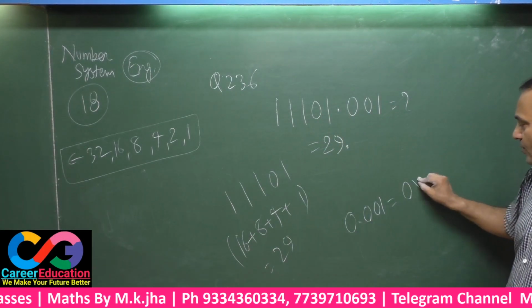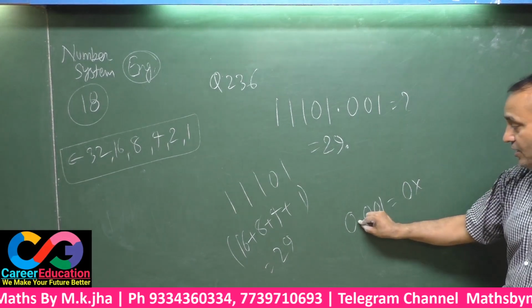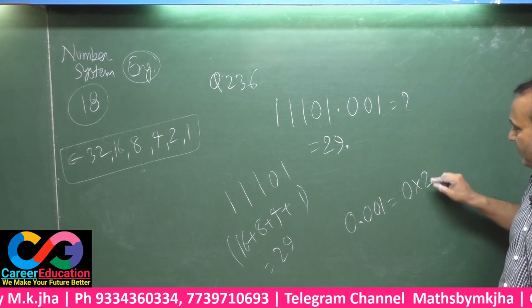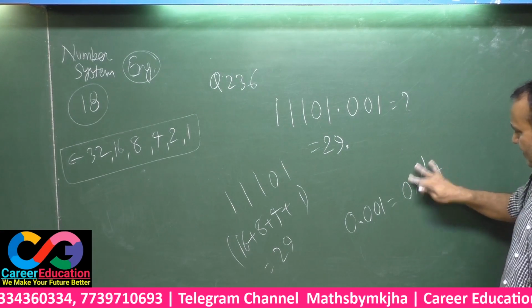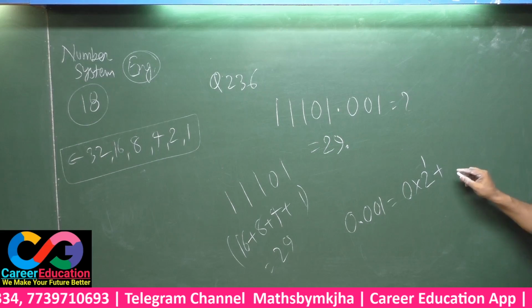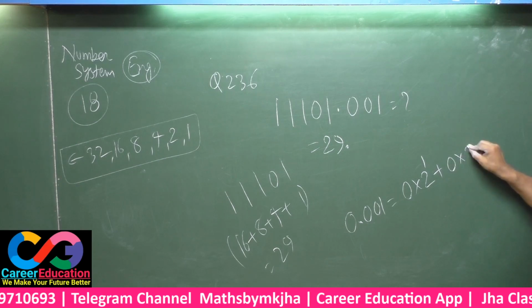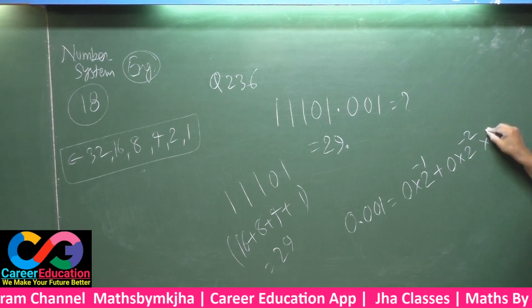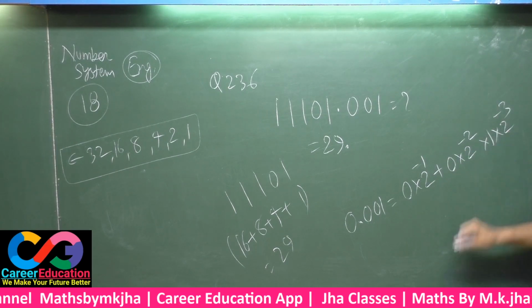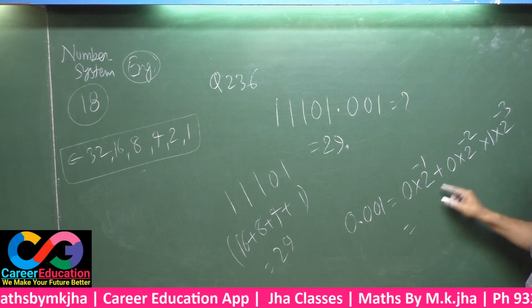Certainly you have to multiply this 0. See here, learn, this 0 must be multiplied by 2 power 1 plus, see here, this 0 must be multiplied by 2 power 2, and this 1 must be multiplied by 2 power 3. That means 0 into something 0, 0 into something 0.